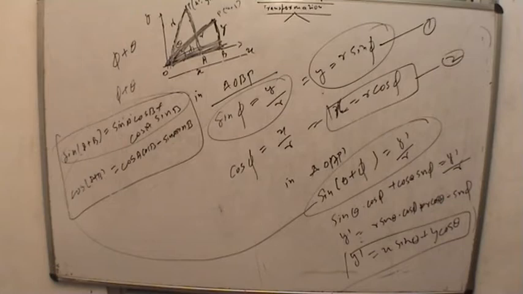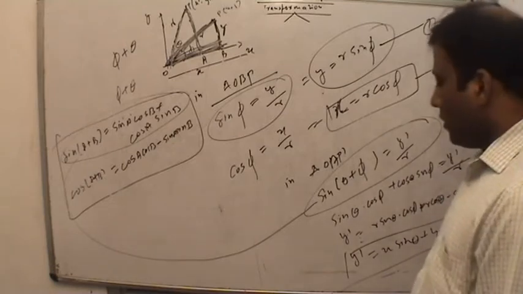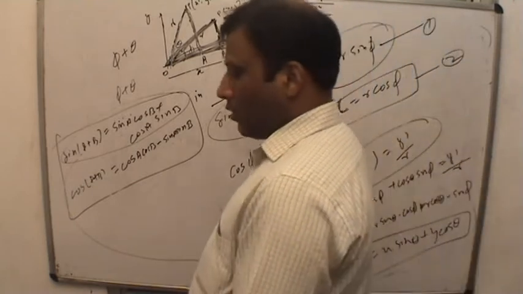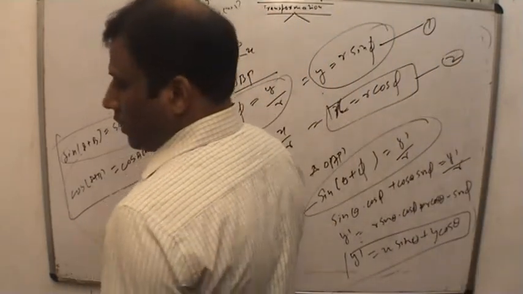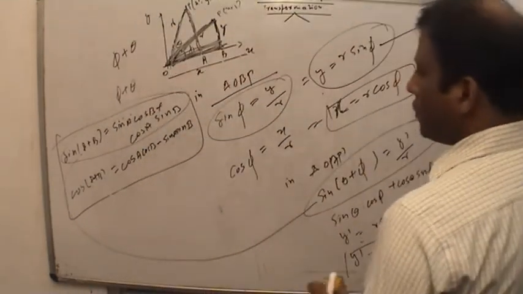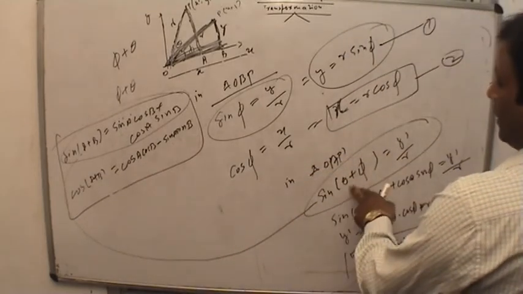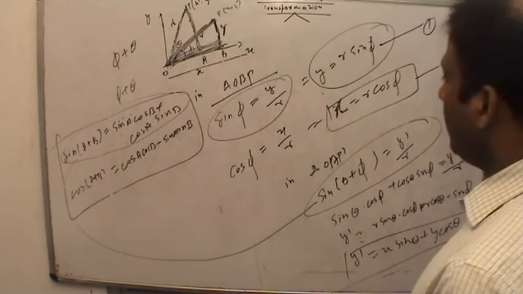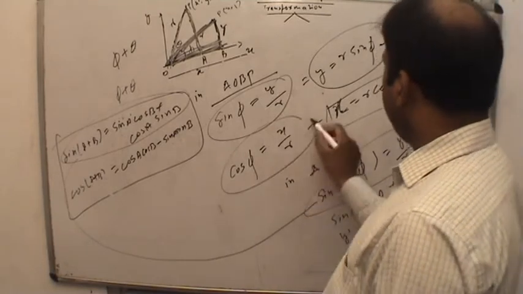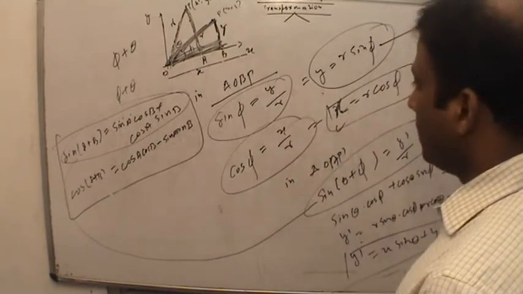Now we get the value of y dash of the rotated object. And how can we find the value of cos of a plus b? That means we have to find the value of cos of theta plus phi to get the value of x.